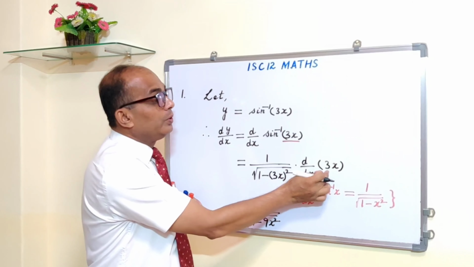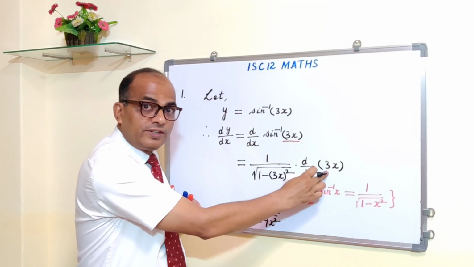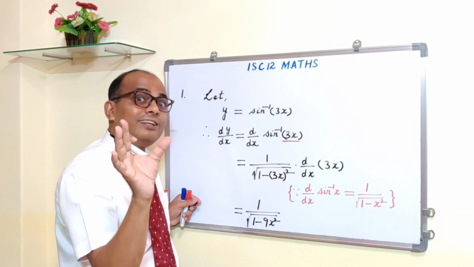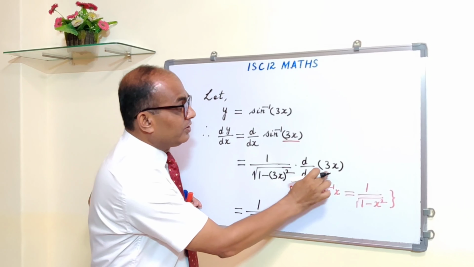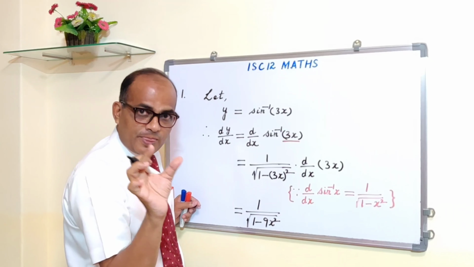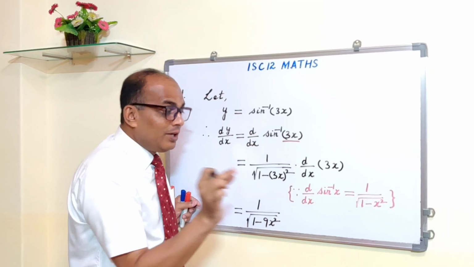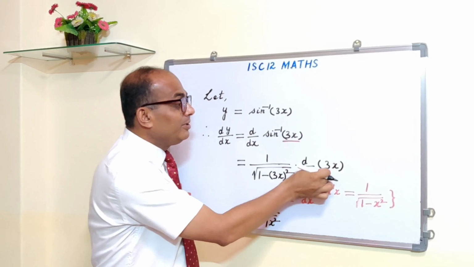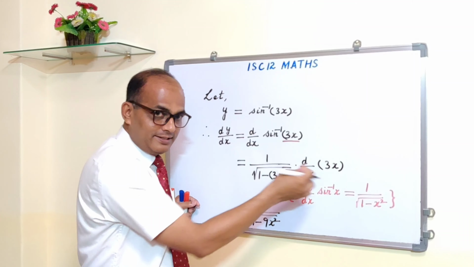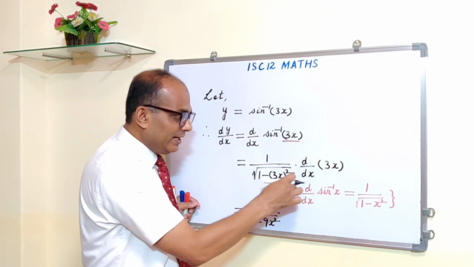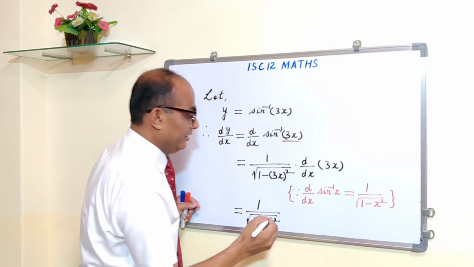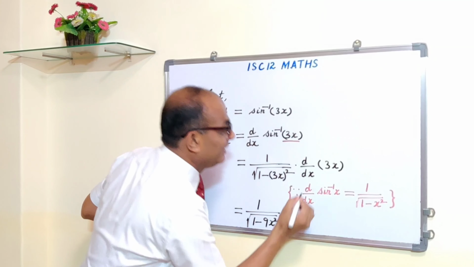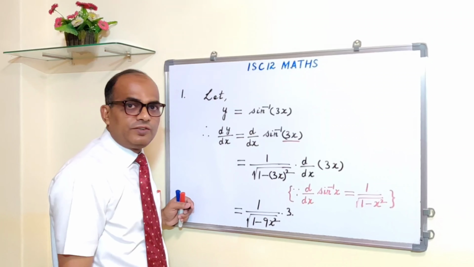And 3 is a constant, and you know the derivative of a constant is 0, but that is when the constant is alone, like d dx of 3 is 0. But here 3 is with a variable, so we keep the constant aside and bring it outside the effect of d dx. So 3 will be out, and then d dx of x, which is 1.